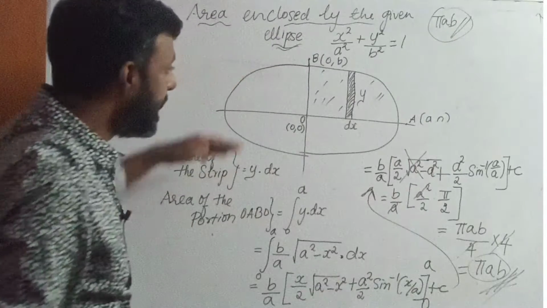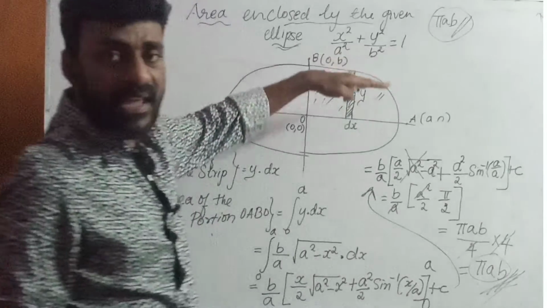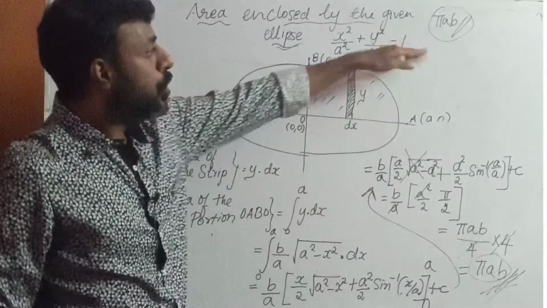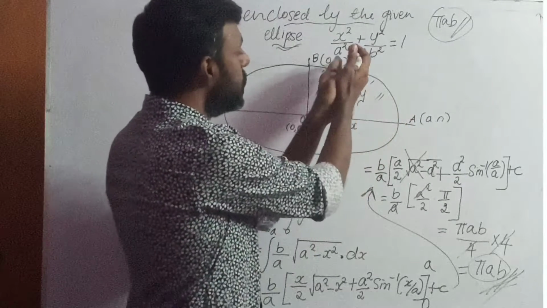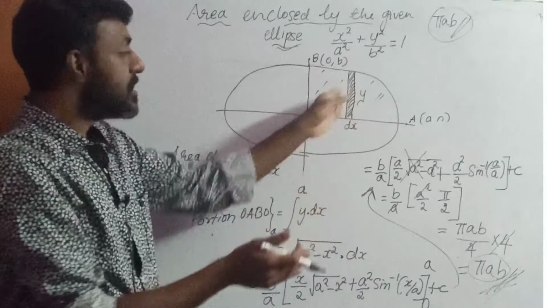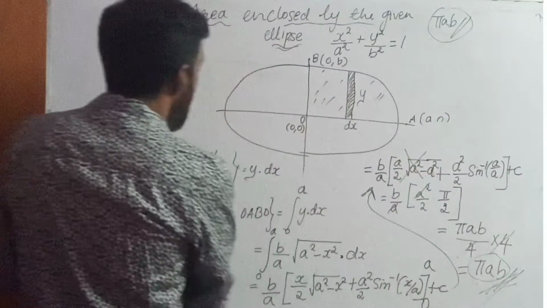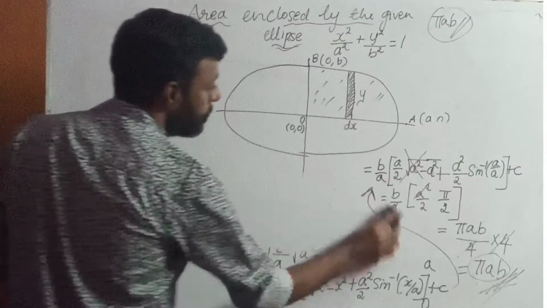Even if I take a horizontal strip and work out the area, I will get the same result. So now I'm going to use a horizontal strip instead of a vertical strip. I'm rubbing the entire thing.